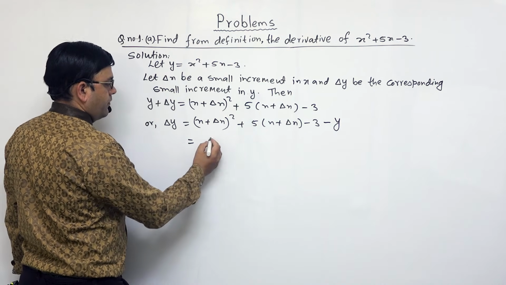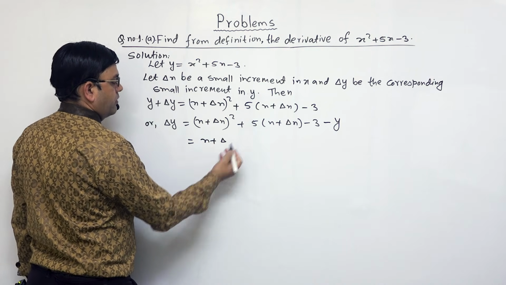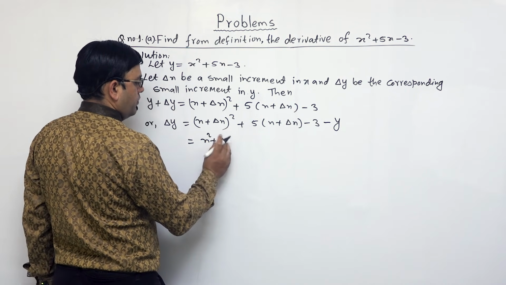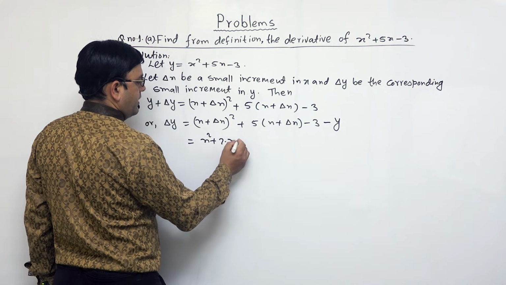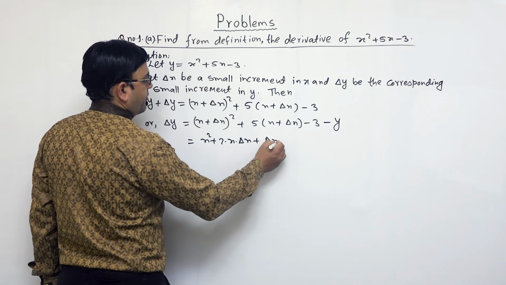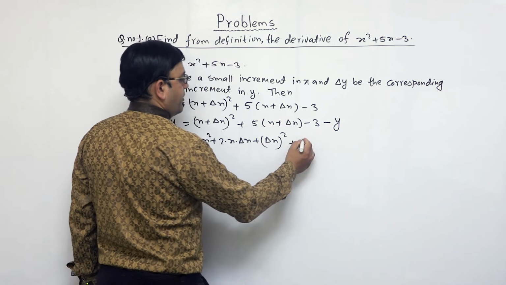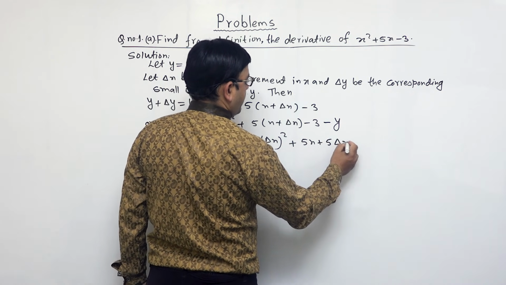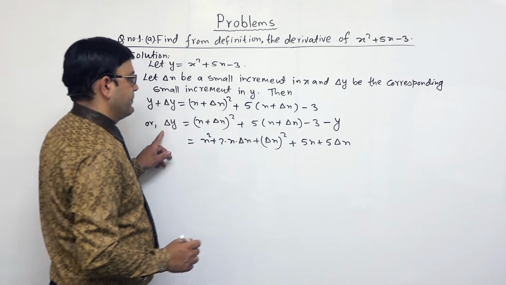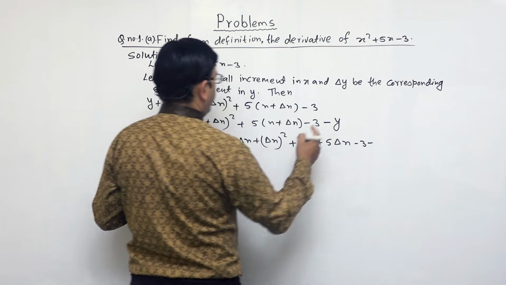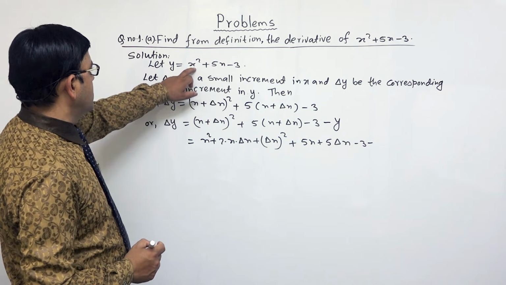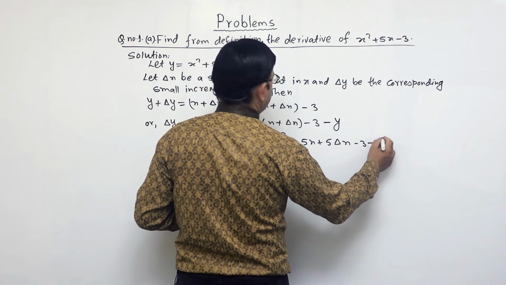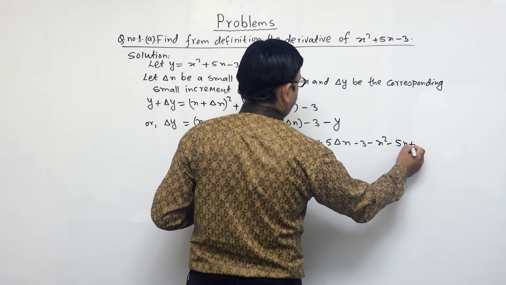Now this is equals to x plus this del x, we can open a plus b whole square is a square plus 2 times a times b plus del x whole square plus 5 times x plus 5 times del x minus 3, minus y means we know x square plus 5x minus 3, minus ले ओपन गर्दाखेरि minus x square minus 5x plus 3.